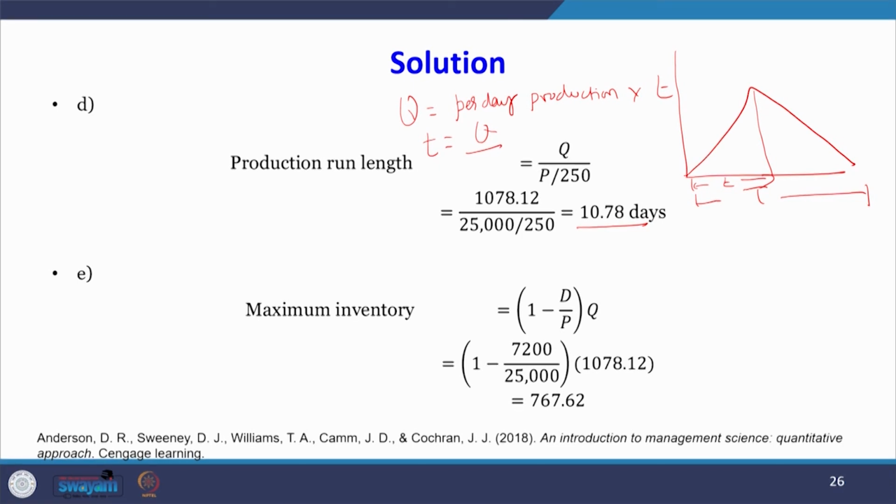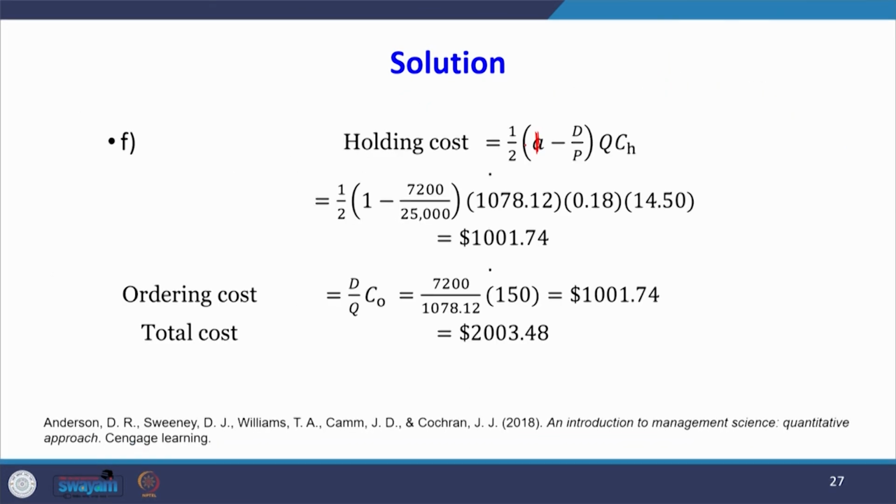What is the maximum inventory? We had this expression: 1 minus D upon P multiplied by Q. This point is the maximum inventory. So, that is 767. Holding cost is (1 minus capital D by P) multiplied by 1 by 2 into Q and CH.